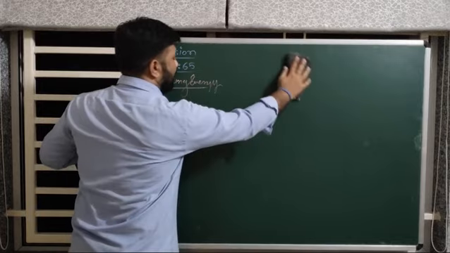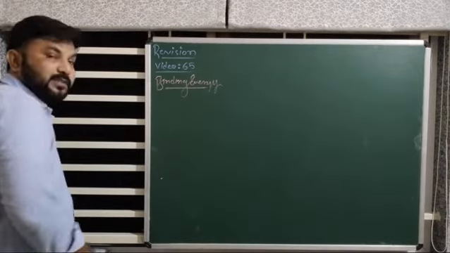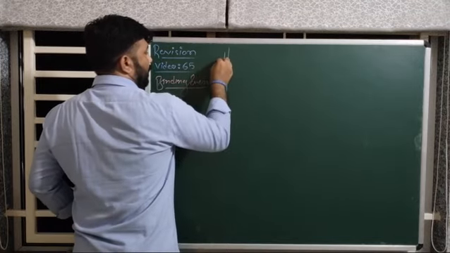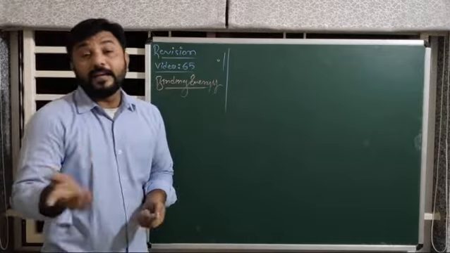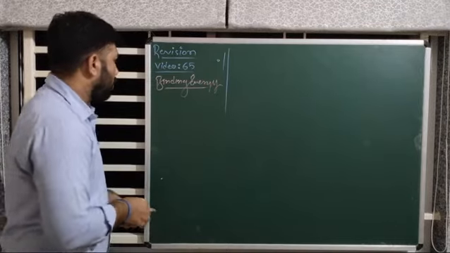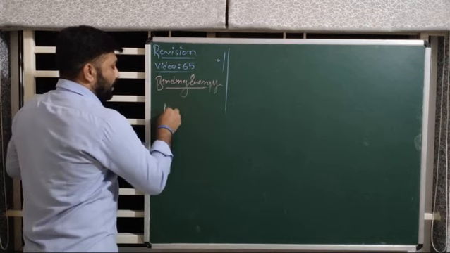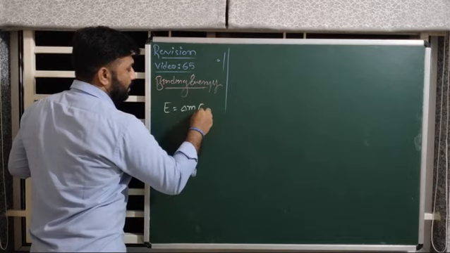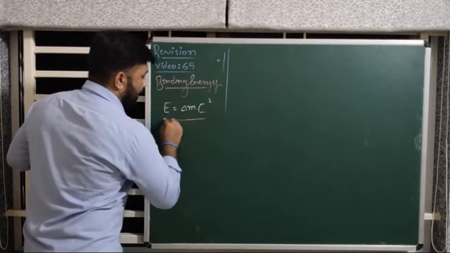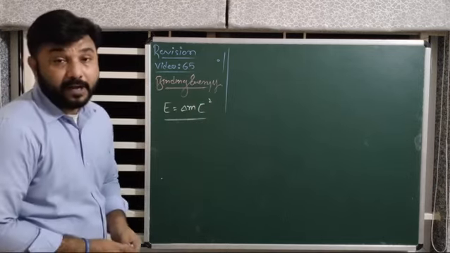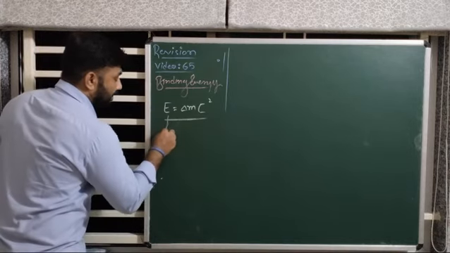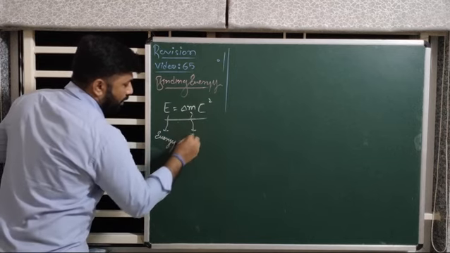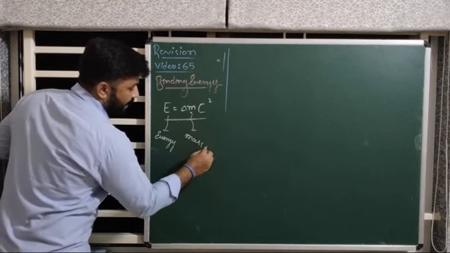So this was the explanation about that definition only. But if we want to find it by an equation, then we have one equation, which is E is equal to delta M C square. This is Einstein's equation of relativity, which relates two quantities: E for energy and delta M, that is mass defect.